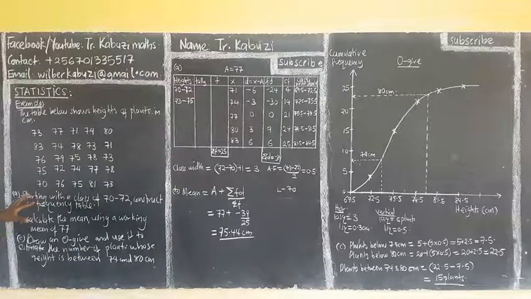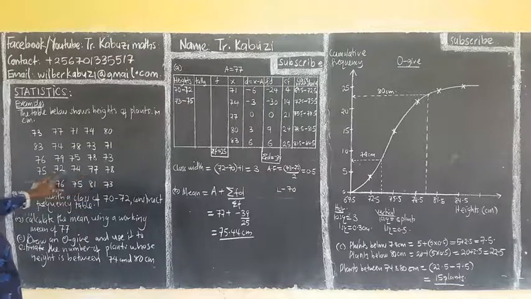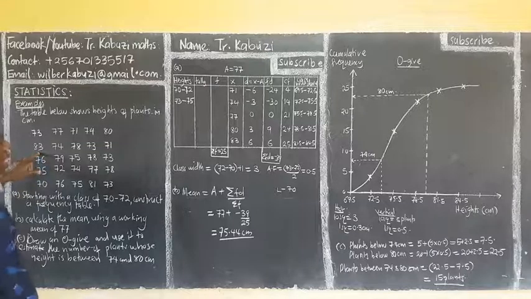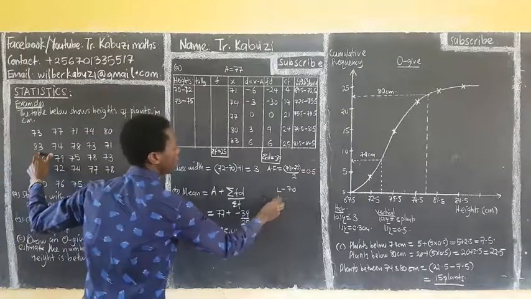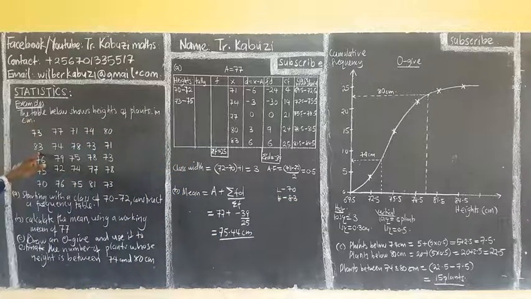What is your highest value? I think the highest value is 81. We have 81, and is there anything else? No. 83 is the highest. 83 is my highest value.